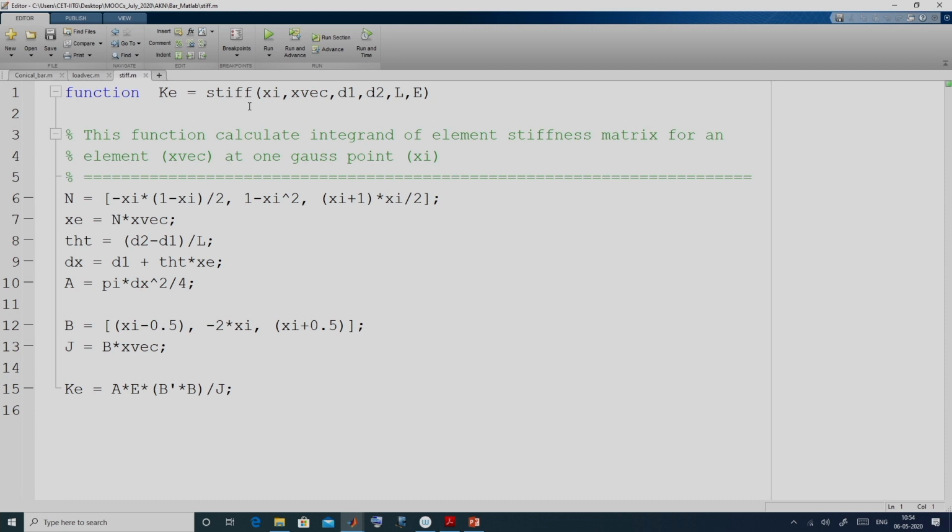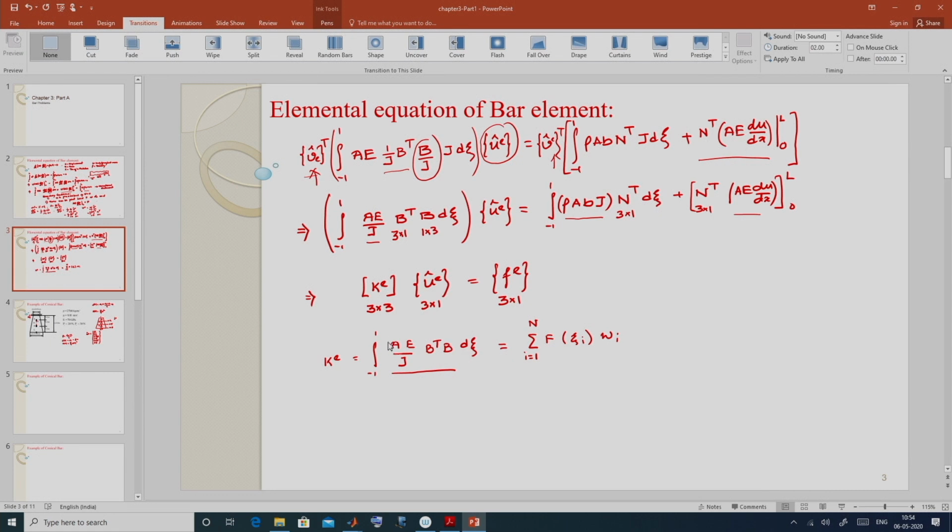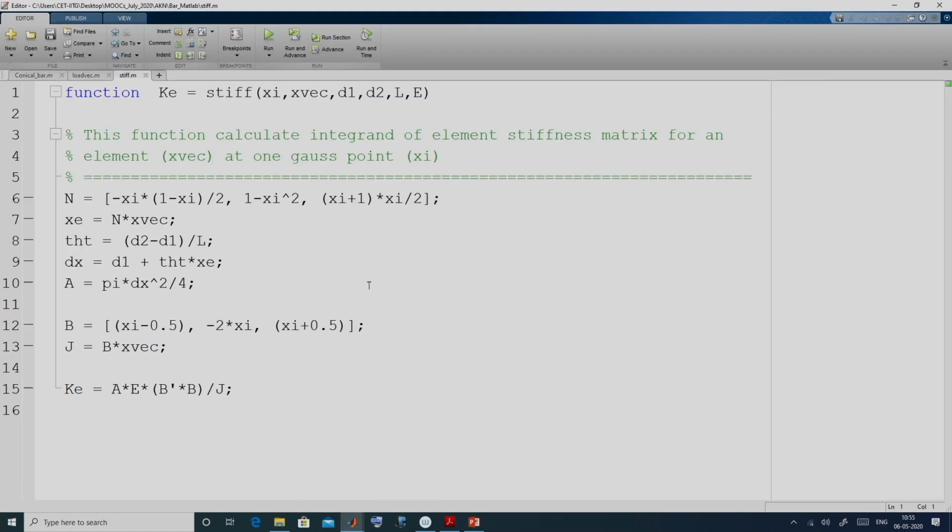This function calculates the value of this integrand at a particular Gauss point, where xi is the Gauss point, d1 and d2 are the diameters, and L is the length.